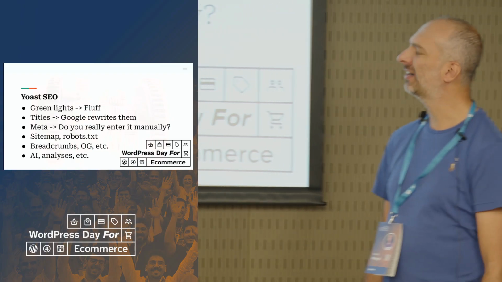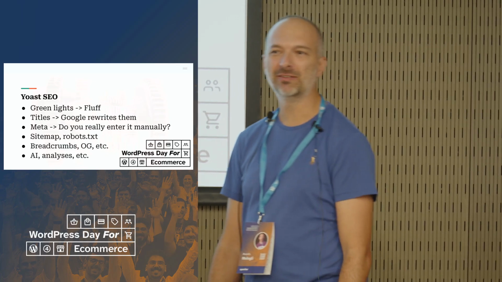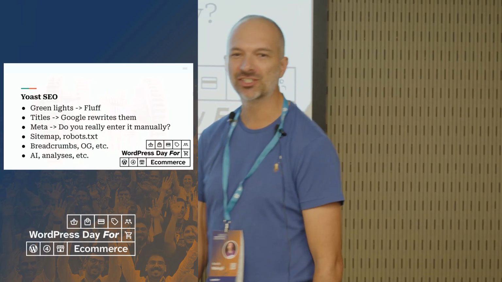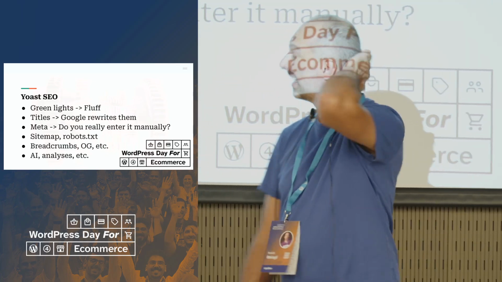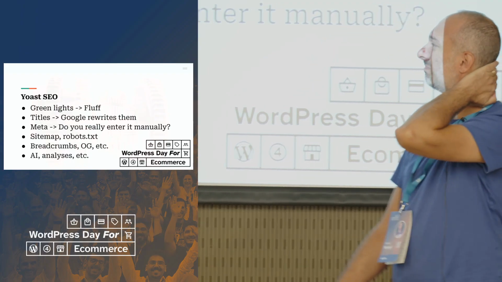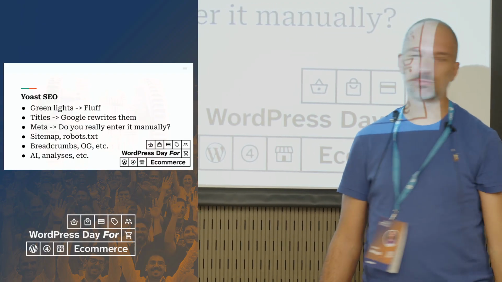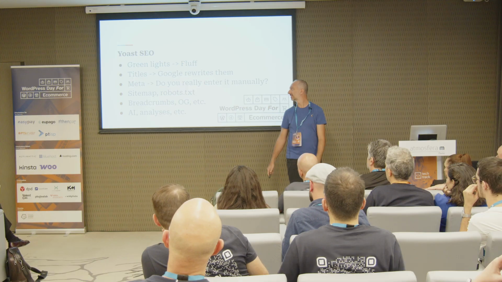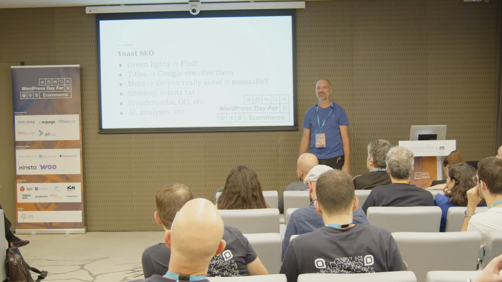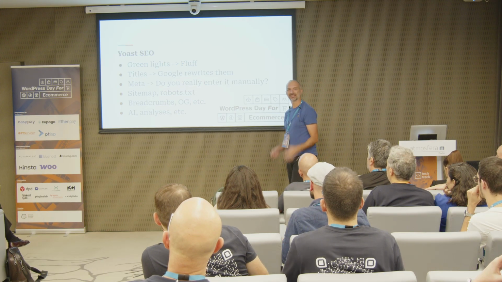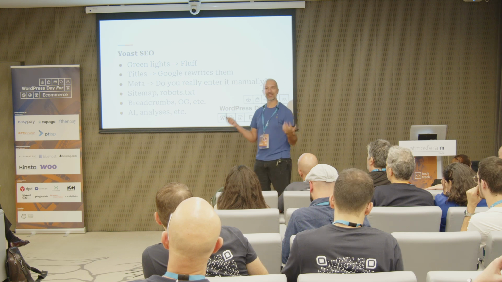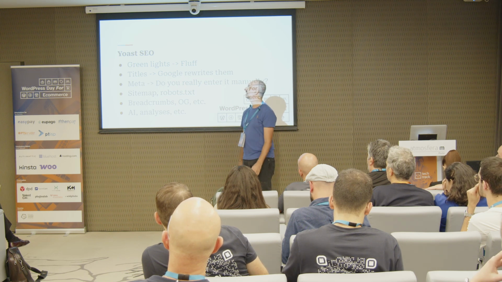Meta. Do you really enter meta manually for 575 pages and 5,000 products? Sitemap, robots, breadcrumbs, open graphs, AI analysis, upsells, and all that kind of stuff. That's Yoast, right? Nothing against Yoast, I use it, but I'm just giving you an example.